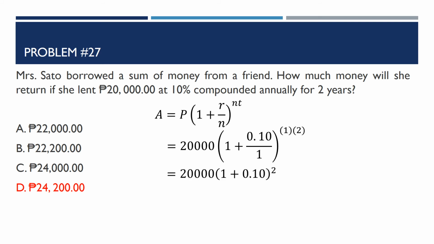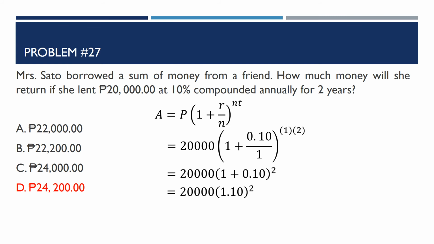Then we will multiply 2 times 1 is 2, and divide 0.10 divided by 1 is just itself. And then we will combine what's inside the parentheses, 1 plus 0.10. So that's 1.10.